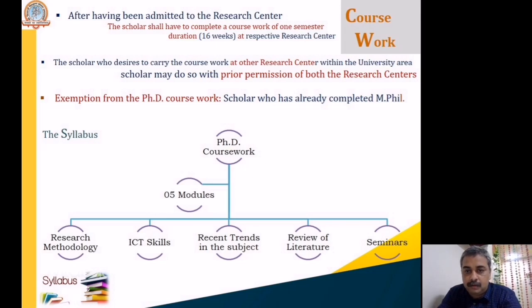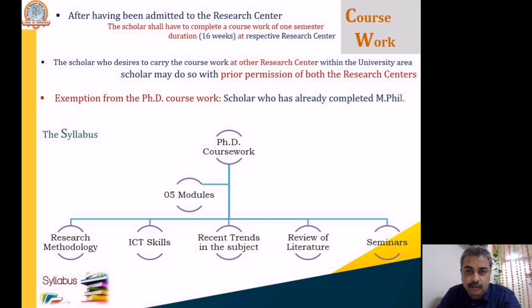So you can choose the research center to complete your pre-PhD course as per your choice. So that has been allowed by the university. The next is who are exempted from the pre-PhD coursework. The scholars or the students who have already completed MPhil in a regular mode are exempted from appearing for the pre-PhD course.